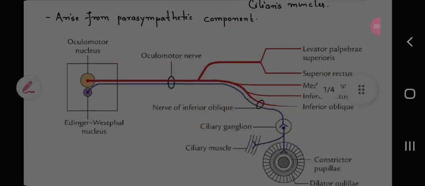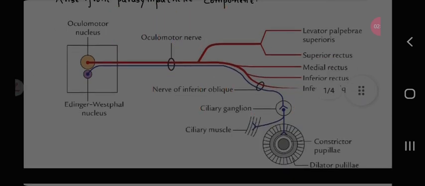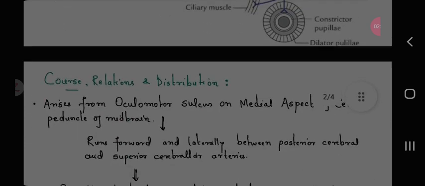Oculomotor nucleus, Edinger-Westphal nucleus, oculomotor nerve, levator palpebrae superioris, superior rectus, medial rectus, inferior rectus, inferior oblique, nerve to inferior oblique, ciliary ganglion, ciliary muscle, constrictor pupillae and dilator pupillae.